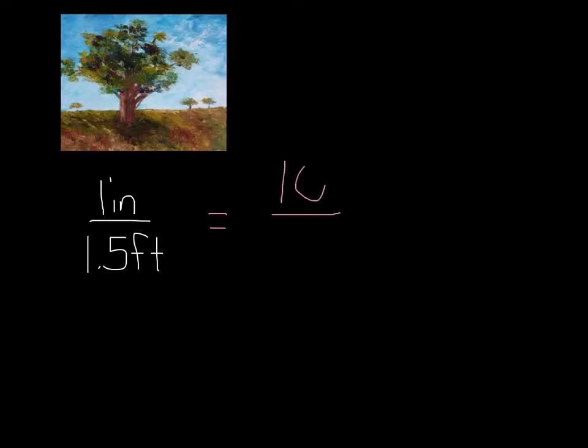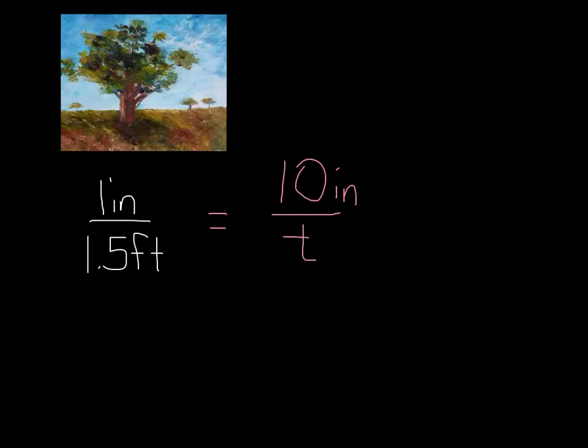We want 10 inches of the drawing, but we don't know in real life how tall that tree is from top to bottom. But we do know that in the drawing, 1 inch of that tree is equal to 1.5 feet in real life. So since we don't know the actual height of the tree in real life, we're going to let that be a variable, which is t.